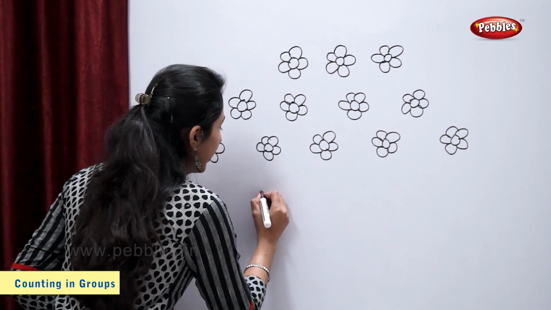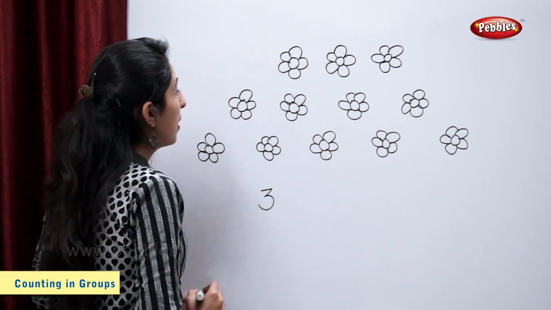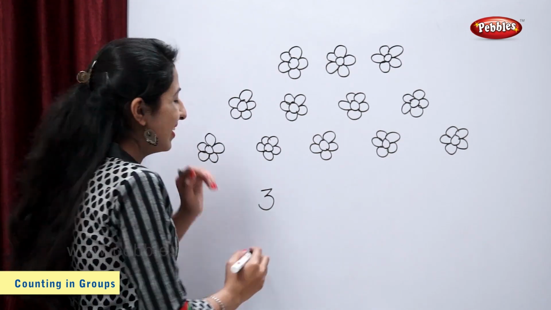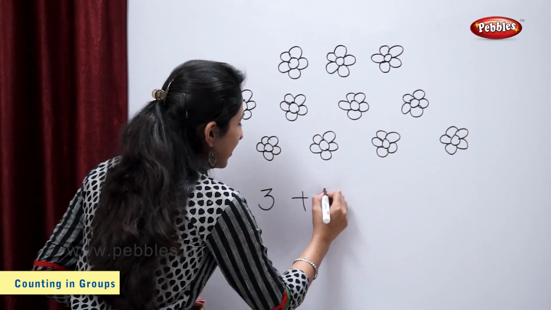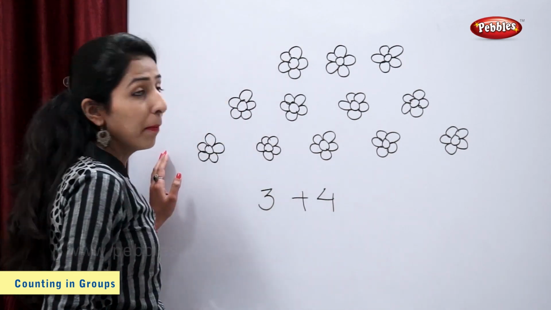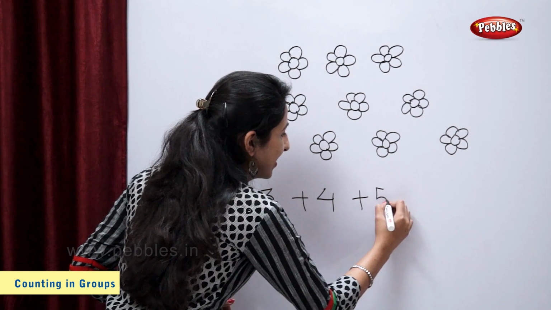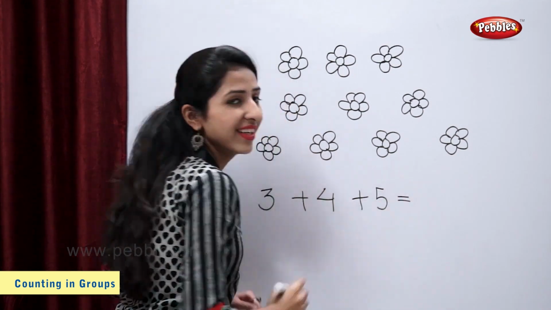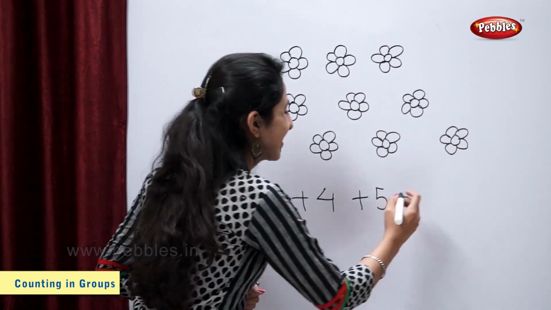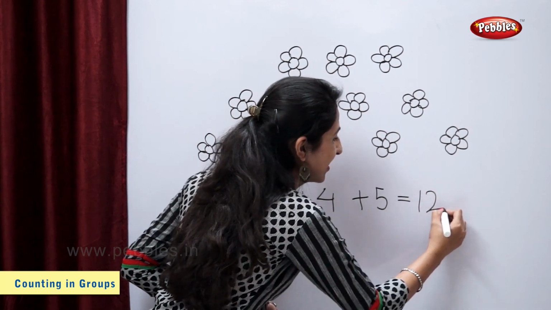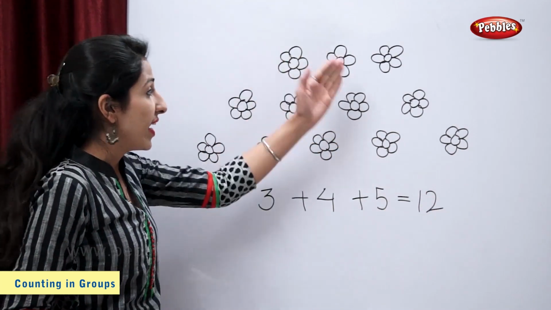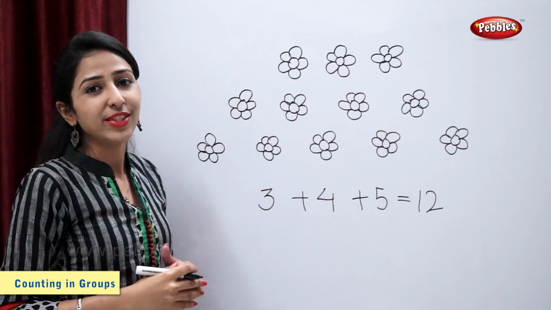So 3 plus 4 plus 5 is equal to 12. So there are total 12 flowers on the board.